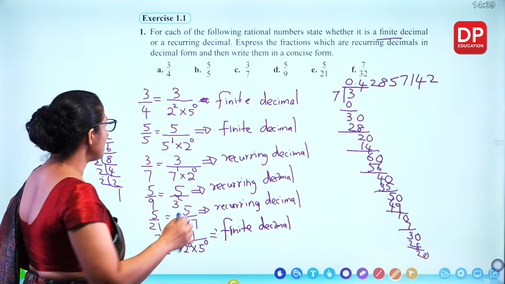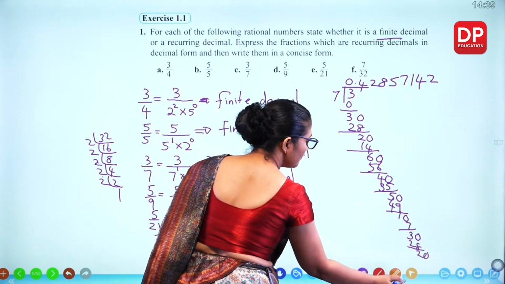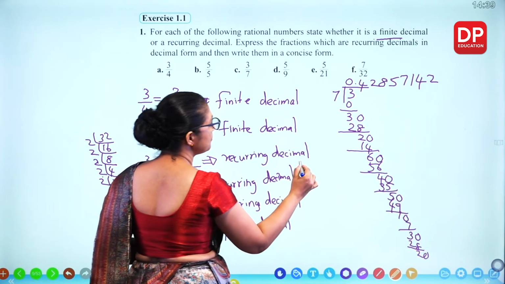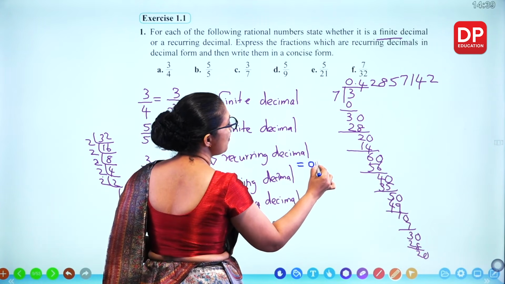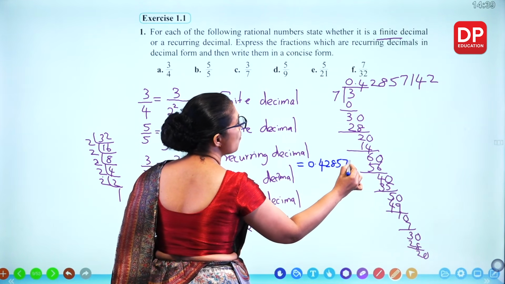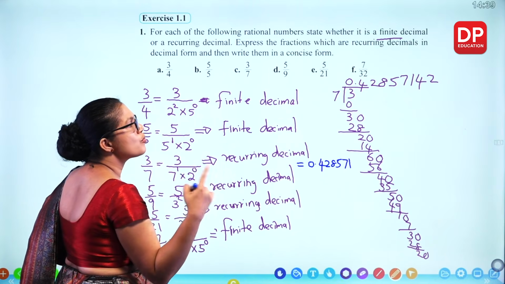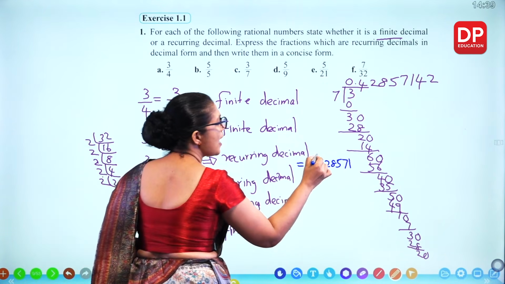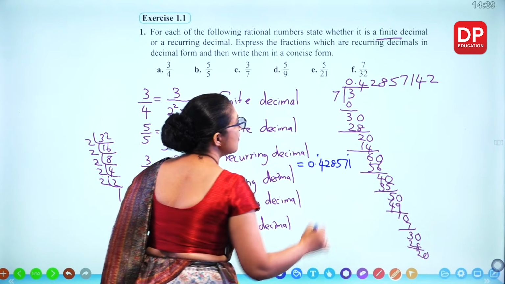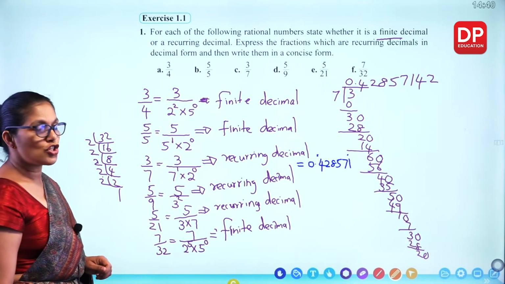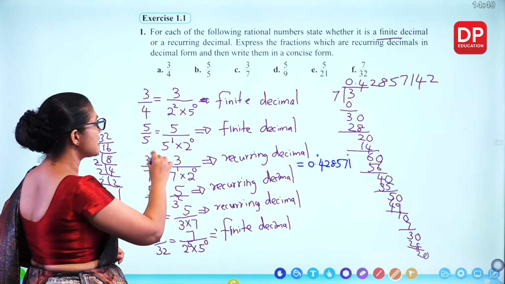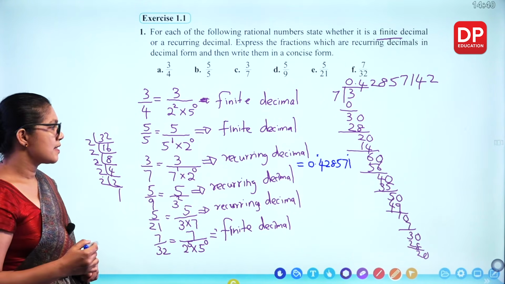We can write down this number 3 over 7 as 0.428571. Again 428571 repeating. So I can put 2 dots above the first and the last digit. So this is the concise form of this recurring decimal.